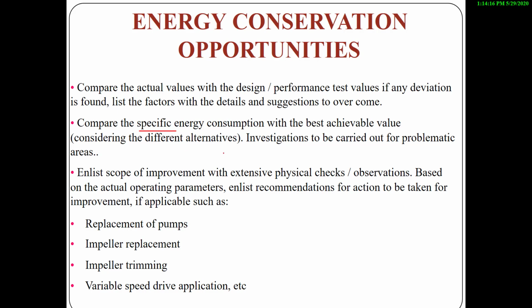We will consider such alternatives to overcome such problems or flaws, and investigation is to be carried out for problematic areas, and list the scope of improvement with extensive physical checks or observations based on the actual operating parameters, and list recommendations for action to be taken for improvement if applicable, such as replacement of pumps, impeller replacement, impeller trimming, variable speed drive applications, etc. Variable speed drive applications have a variety of options that have been seen in previous videos.